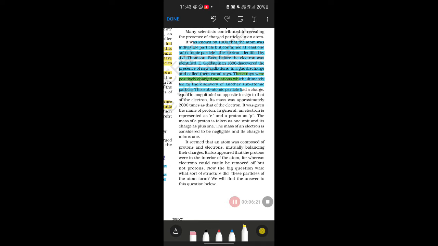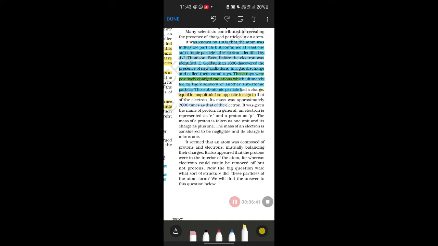This subatomic particle had a charge equal in magnitude but opposite in sign to that of the electron. You can remember this line. Its mass was approximately 2000 times that of the electron.